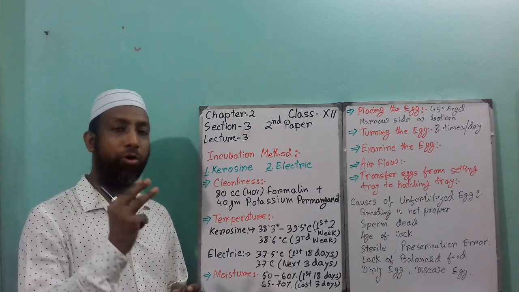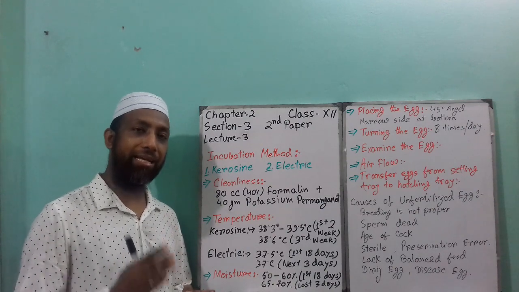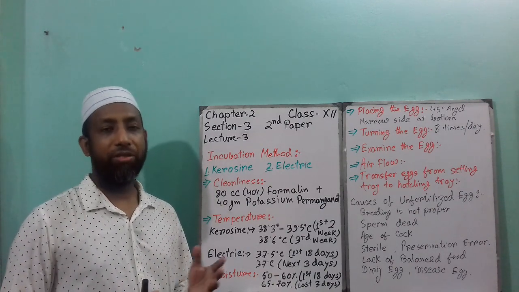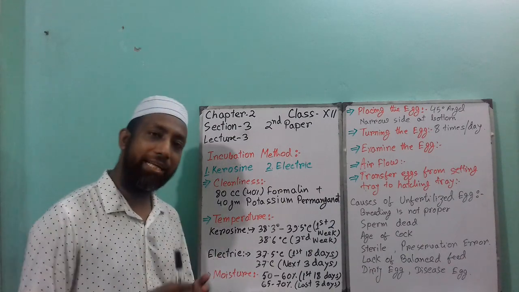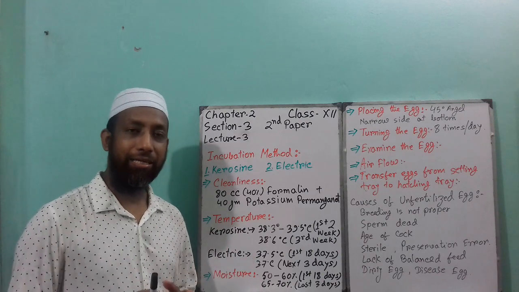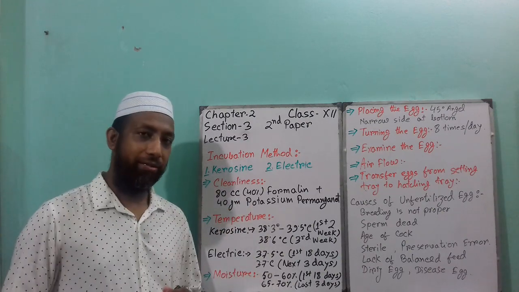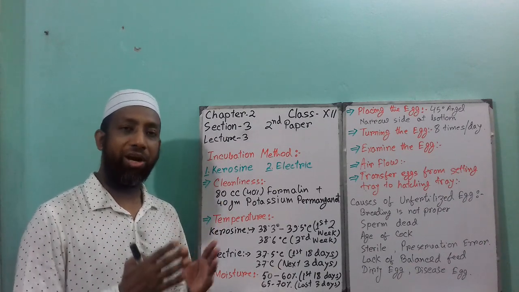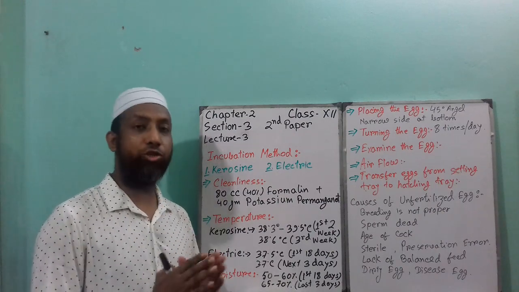That means if you put the egg inside the machine, 21 days later you can hopefully get the baby chicken. So the first point is you have to clean the machine, which is called cleanliness. That means there will be no germs present in the machine. You have to ensure it.